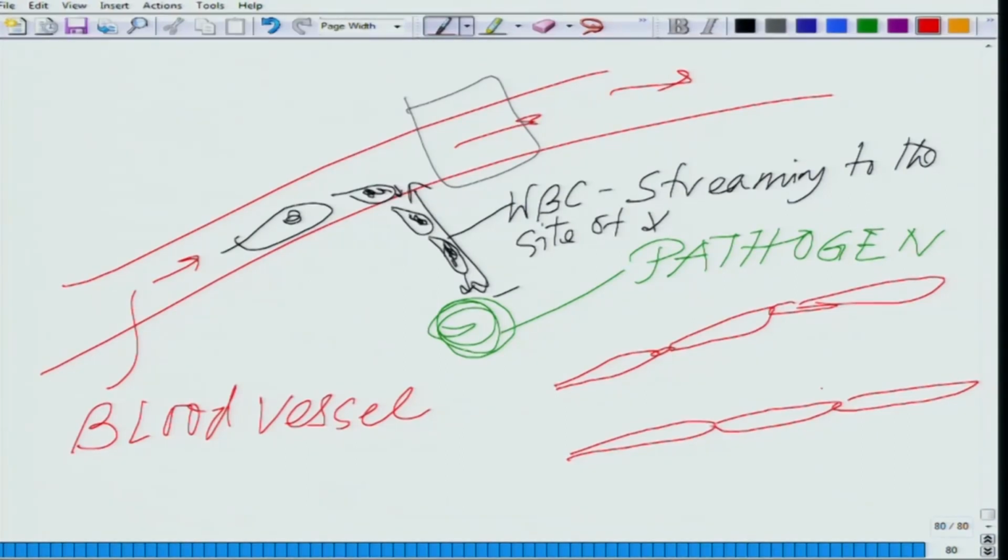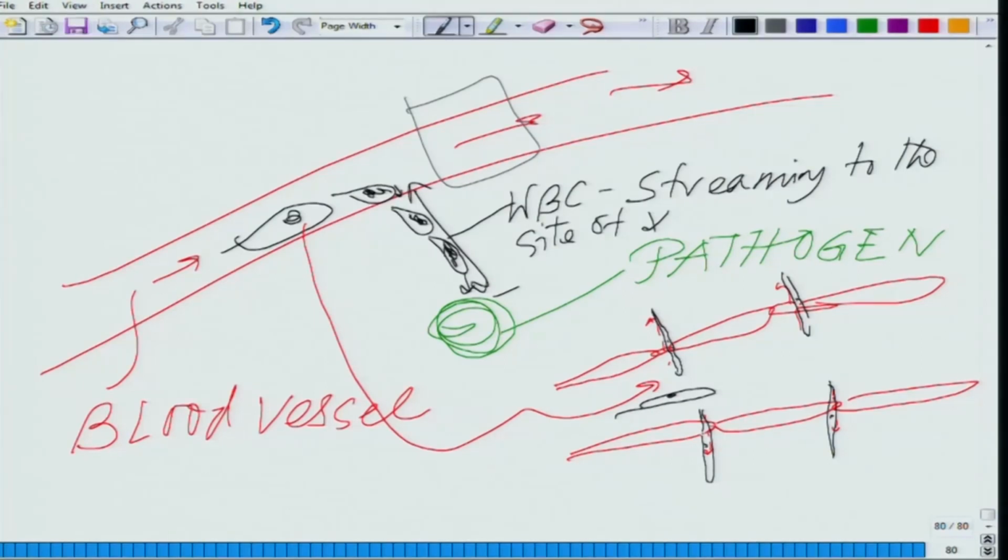So, there is a very, very little gap out here, a very teeny tiny gap from which something can come out. So, for a cell like this which has to come out through this, it has to change its shape significantly. It may have to take a shape like this before it can come out. So, that is the reason why I highlighted this point, that they have the ability.